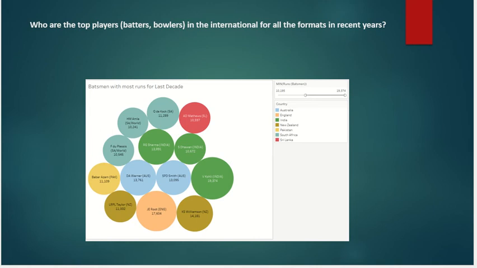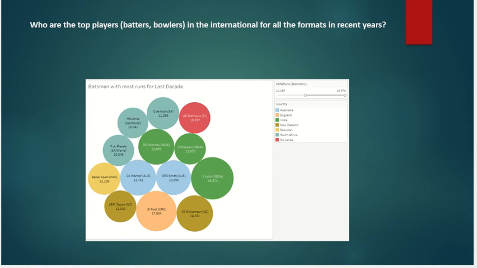This bubble chart takes data from the batsmen and bowlers table. Here, the size of the ball indicates the magnitude, and the color indicates the country the player belongs to.